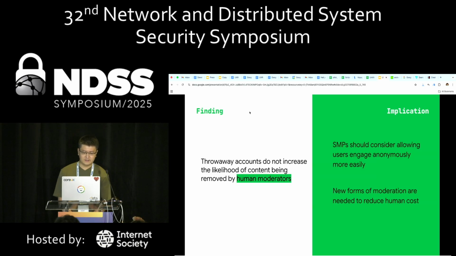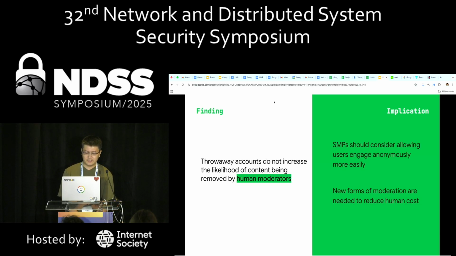On the other hand, human moderators on SMPs have costs, including that it is time-consuming and has a psychological toll. On some platforms like Facebook, human moderators are paid, but that does not stop them from presenting PTSD-like symptoms.